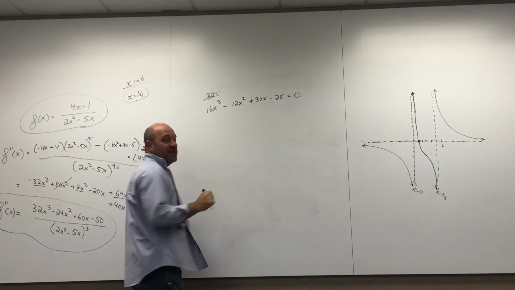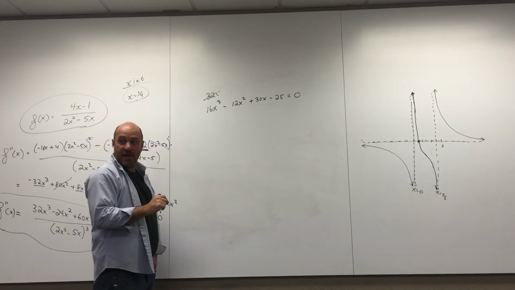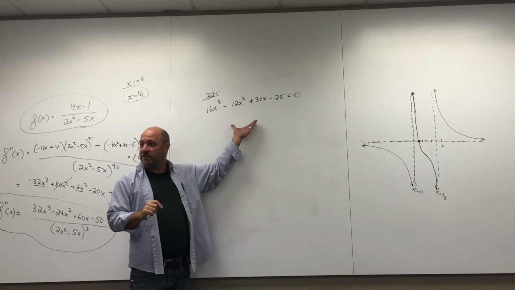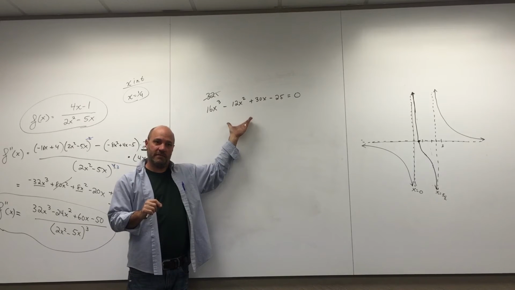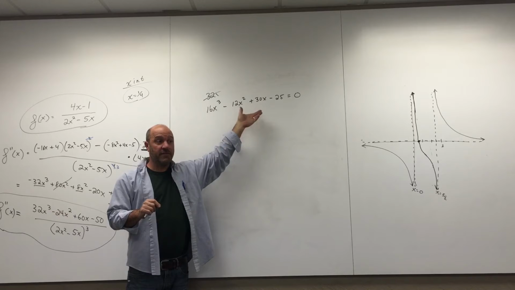I could try synthetic division. You know what I'd really like to try? Somebody, do you know how to solve this without using technology? You could graph this. It's a cubic polynomial.